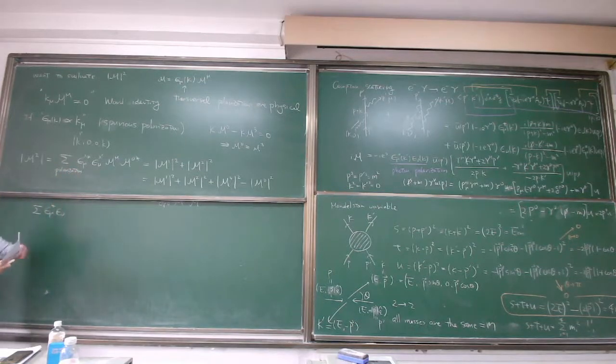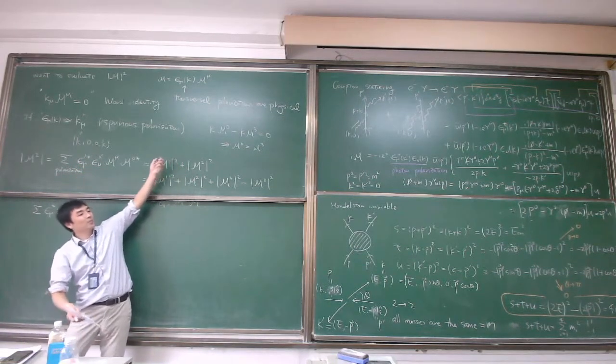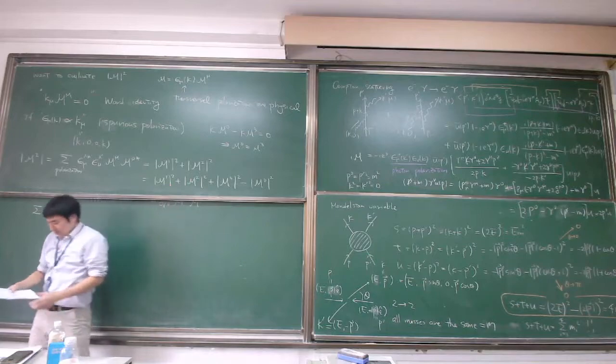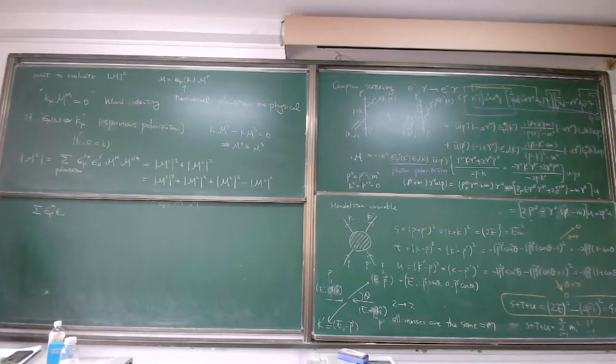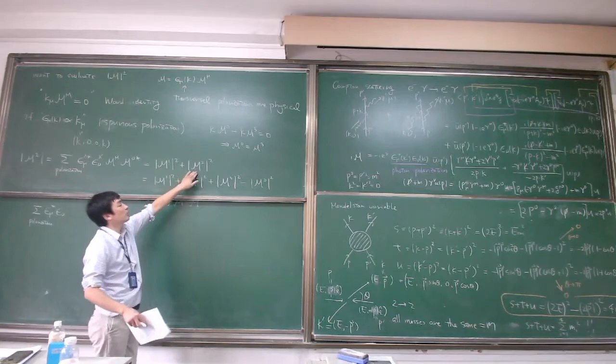If you sum over all lambda and lambda prime, you get this. If you sum over lambda and lambda prime, you project to the transverse polarization.